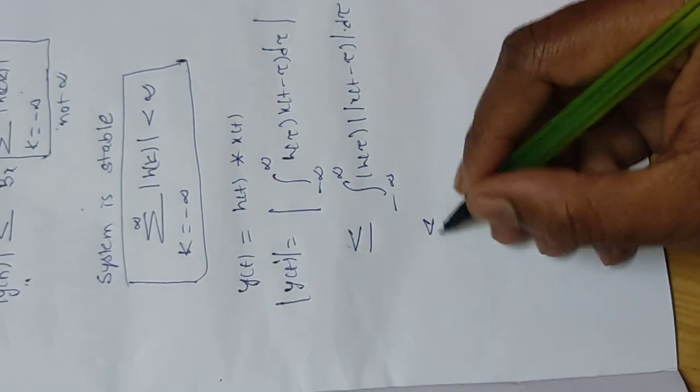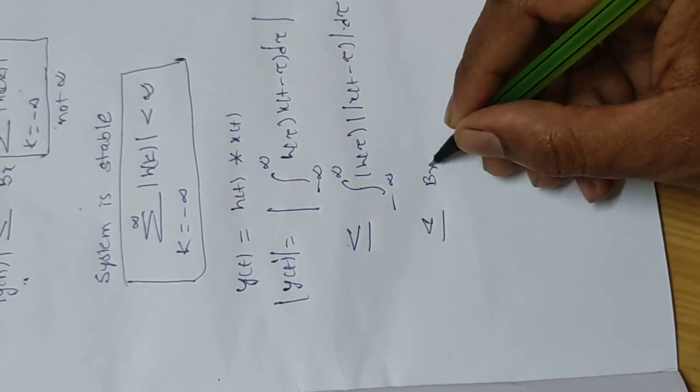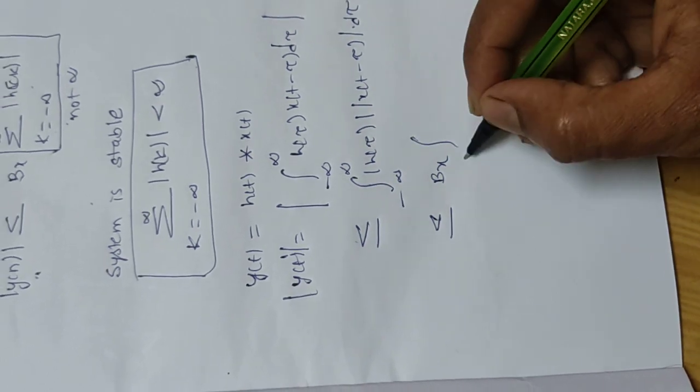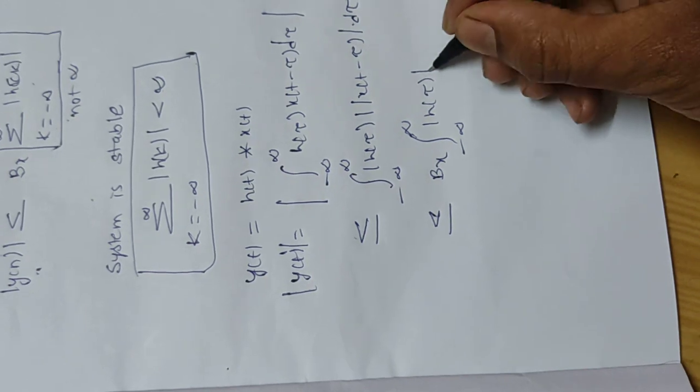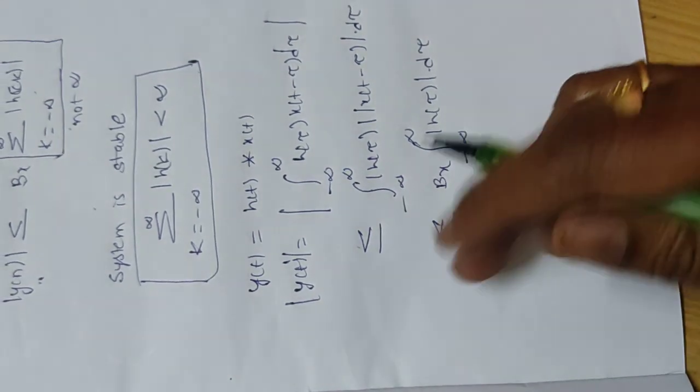So this is less than or equal to bx times the integral from minus infinity to infinity of modulus of h of tau d tau.